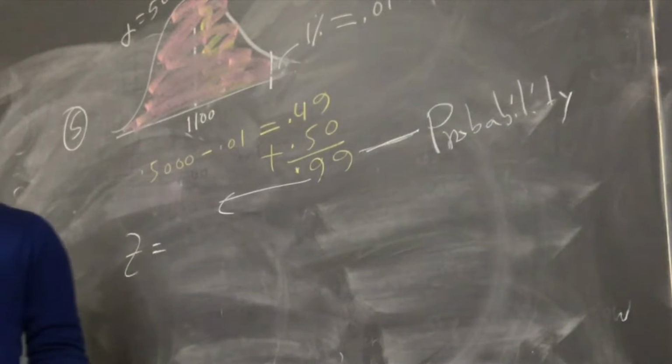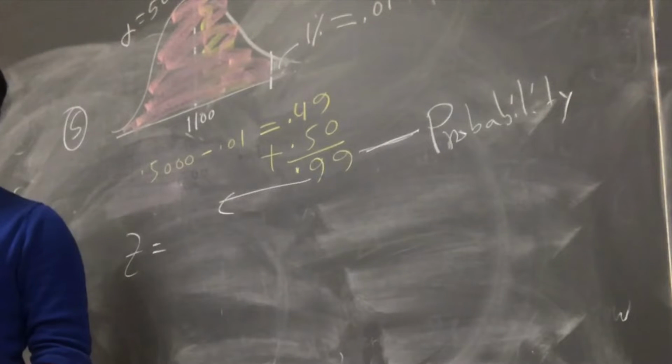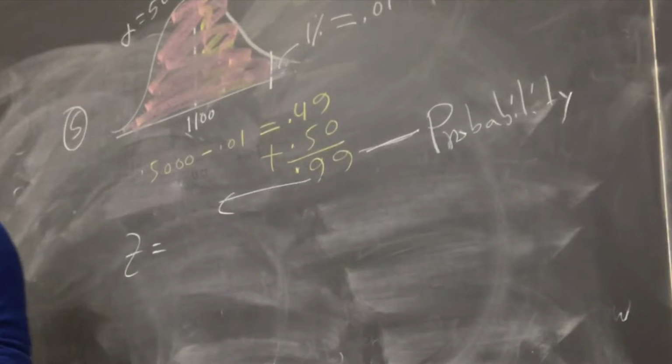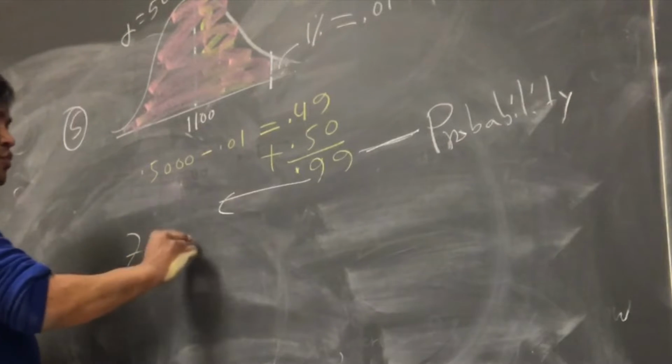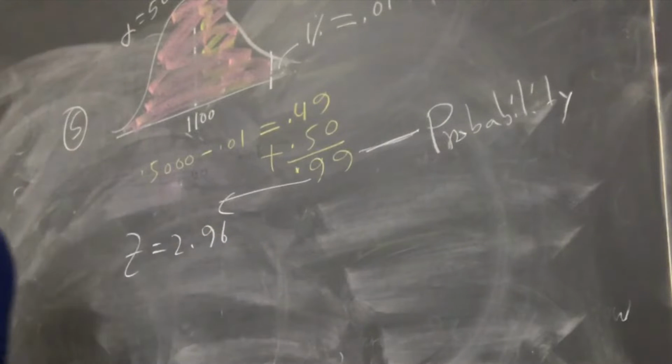Yeah, 0.99. Where is it? So it's 2.96? Yeah, because I have 0.9986. 0.9986 is not good. Look for 0.9901. The higher one is 0.9998, so it's 3.4.